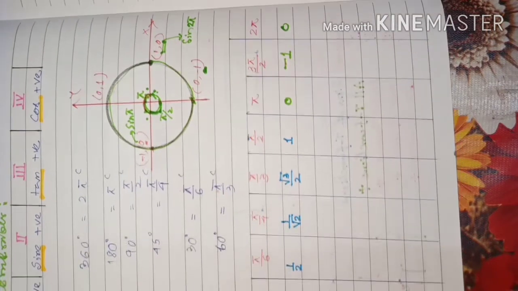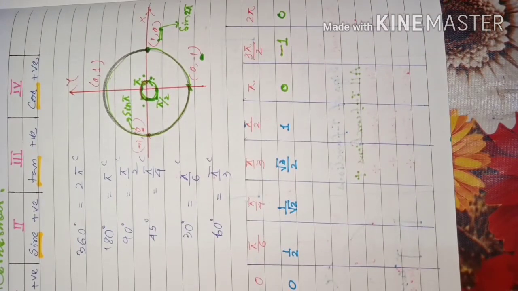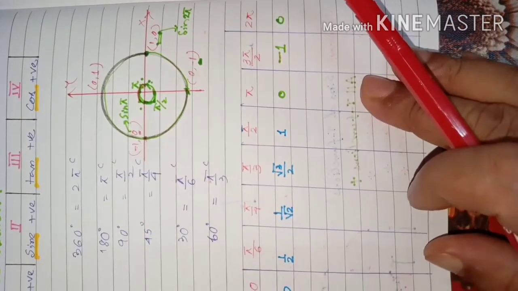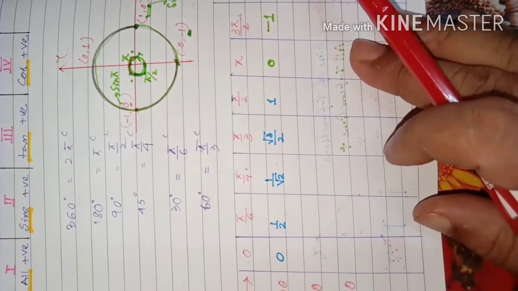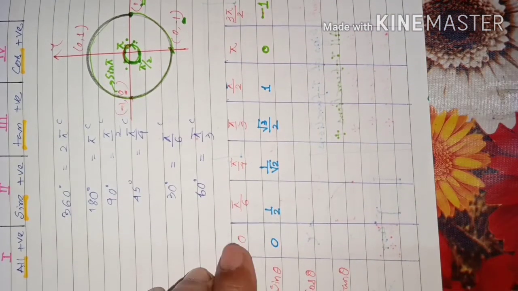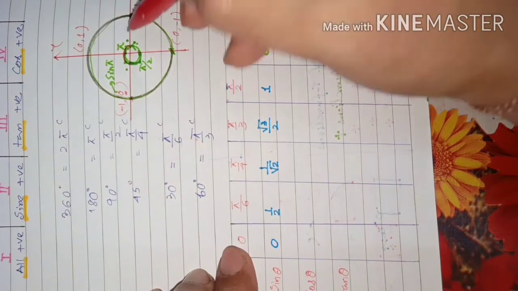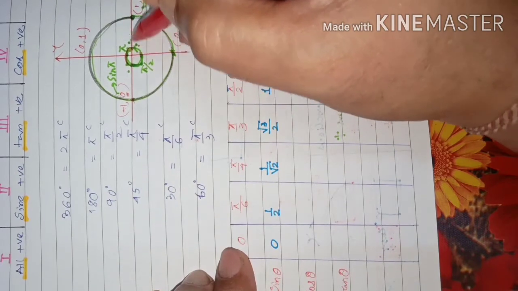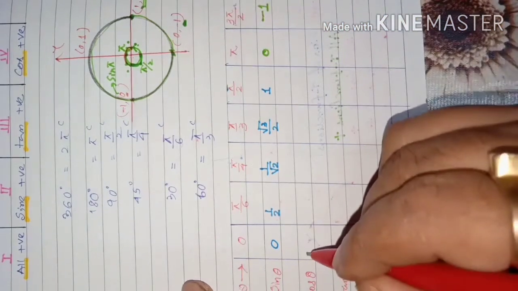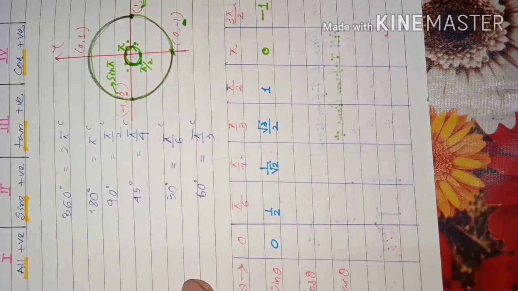We have already learned these trigonometric function values and how to write them in our previous video, so today I am repeating. Now let us write the cos. Cos 0. Look at this. When it is 0 degree, 0 radian angle, then cos is 1.